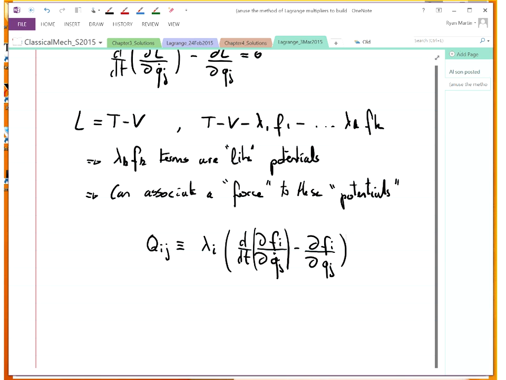Another example of a constraint, for example, is a normal force, right? You have a mass that's moving around on a table, and it doesn't fall through the table. So you would write a constraint equation that the mass is constrained to the table. And the reason the mass is constrained to the table is because there's a normal force from the table pushing up on the mass. So the constraint equation only has to do with coordinates.